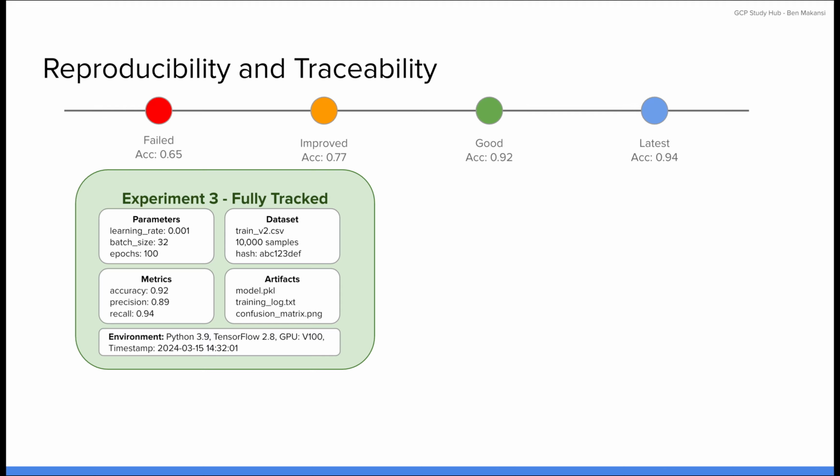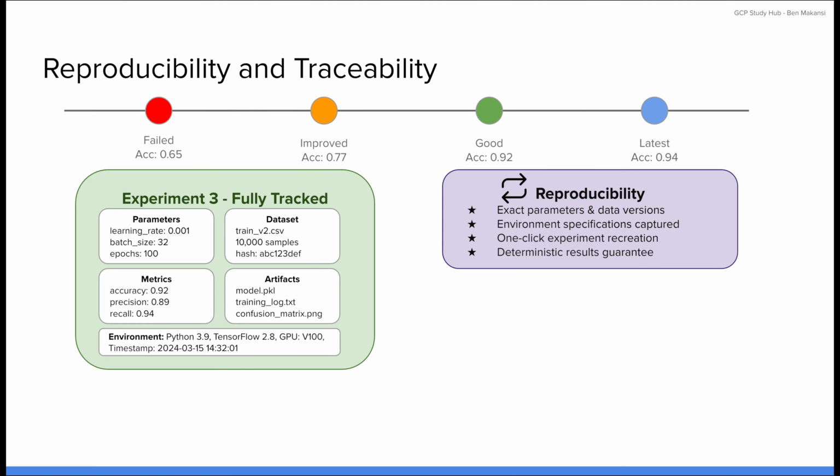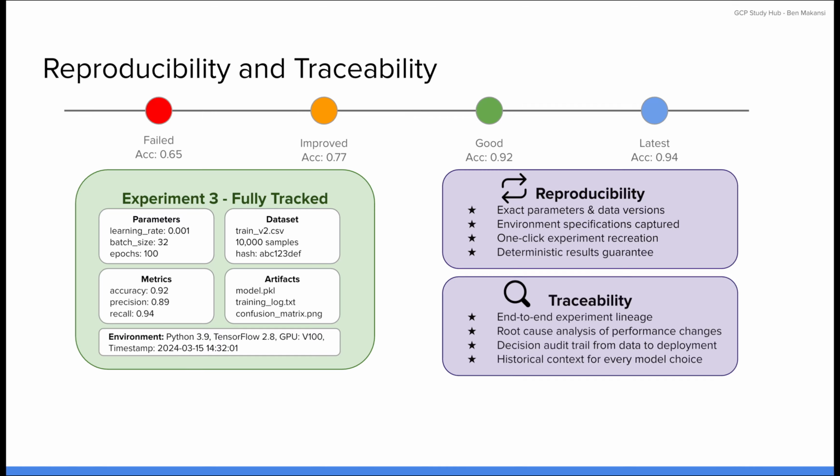So how does this relate to reproducibility and traceability? Well, Vertex AI Experiments gives you reproducibility by automatically capturing these parameters, data versions, environment specifications. So you can recreate any model with deterministic results, and that's really helpful. It also provides traceability by maintaining end-to-end experiment lineage, enabling root cause analysis of performance changes and helping with audits.